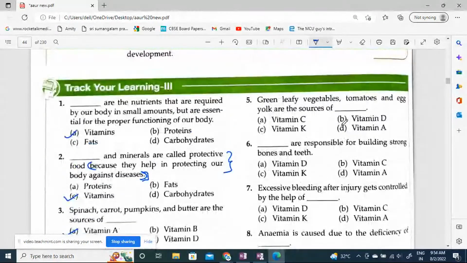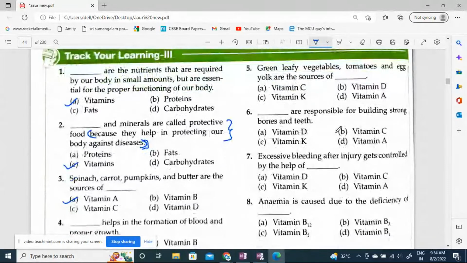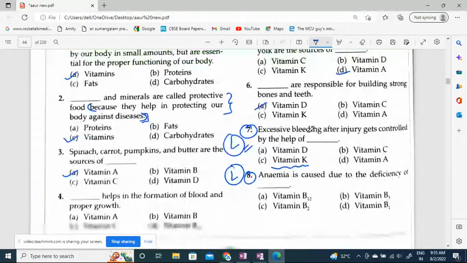Green leafy vegetables, tomatoes, and eggs are sources of vitamin A. Vitamin D is responsible for building strong bones. Vitamin K, clotting of blood. Anemia is a disease caused due to the deficiency of vitamin B12. Clear?